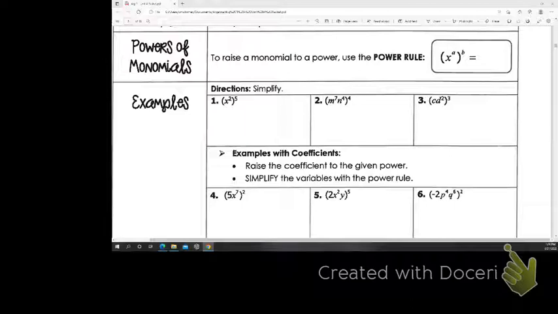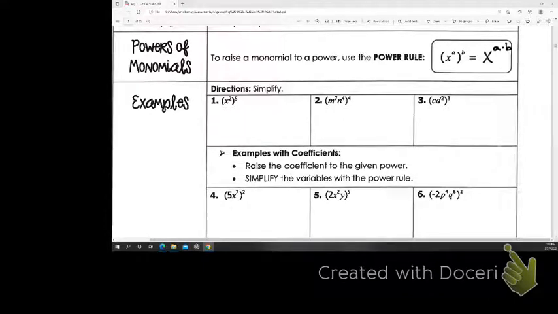You'll see there's an exponent on the outside of the parentheses, and there could be just one part inside. One monomial could be very simple, or it could have lots of parts, right? So in this case, the one in the little rule is just x, and we multiply the exponents.